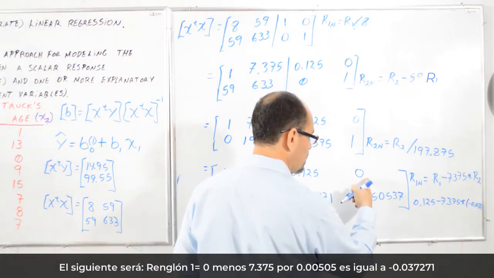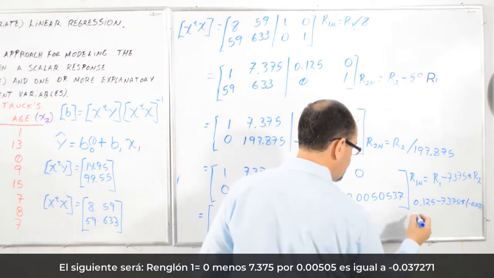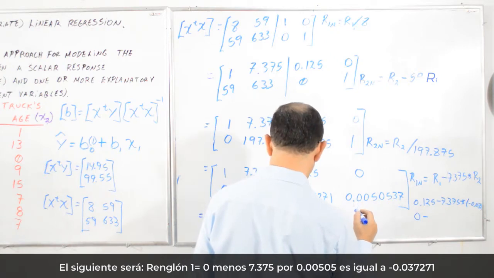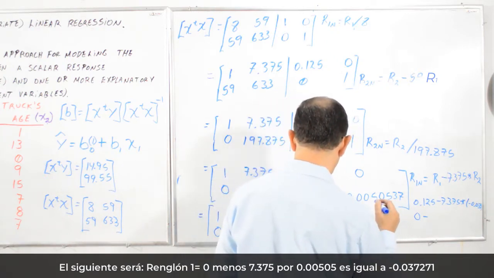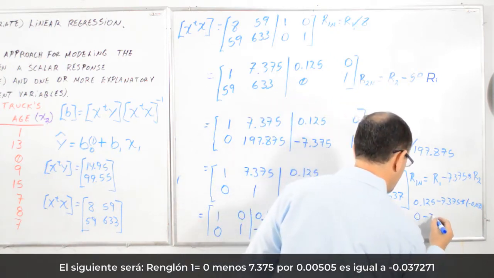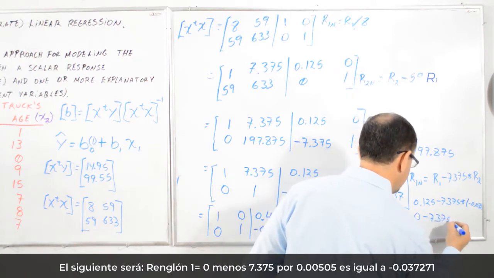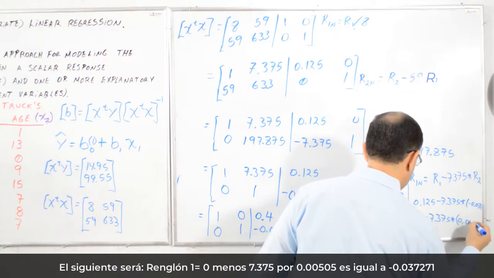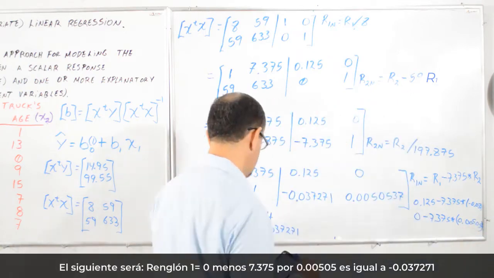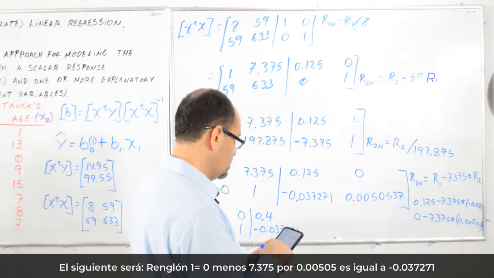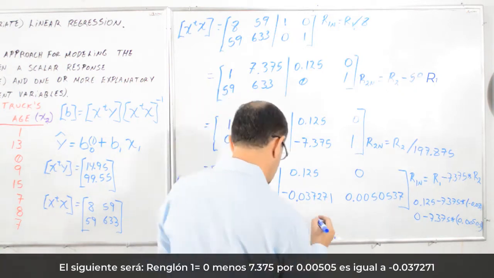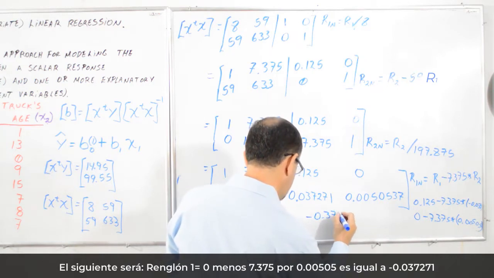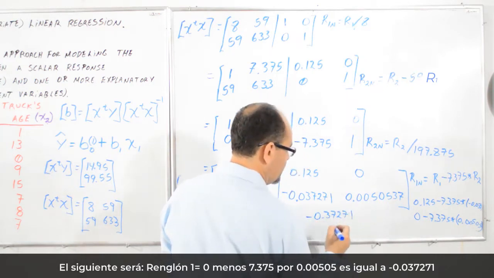The next one will be row 1, 0 minus 7.375 times 0.00505, which is negative 0.37271.